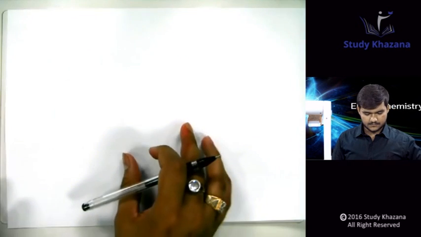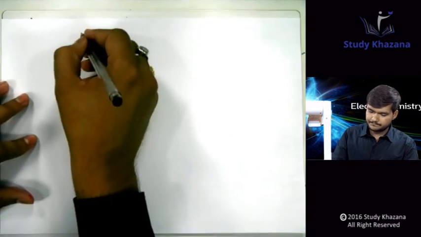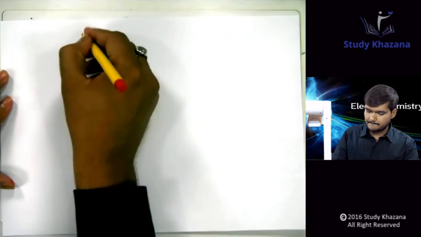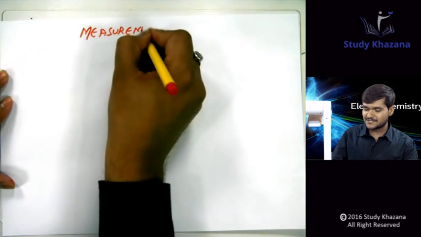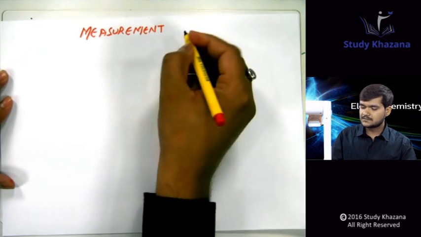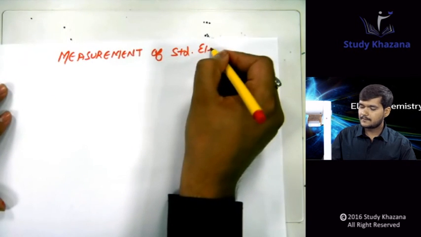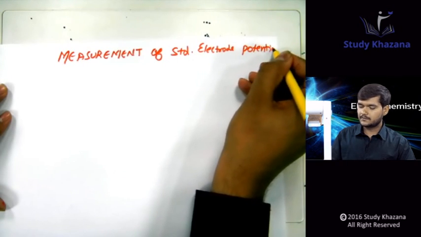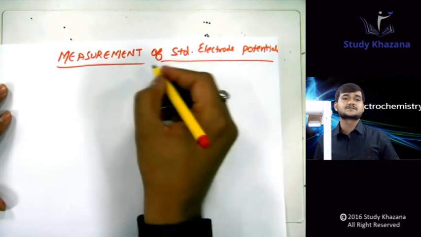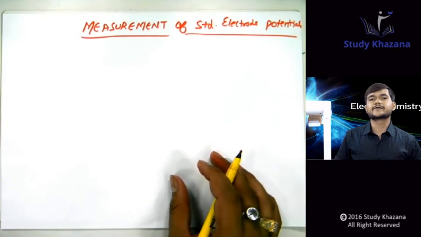So the measurement of standard electrode potentials. Now how can we measure these standard reduction potentials with the help of the standard hydrogen electrode?